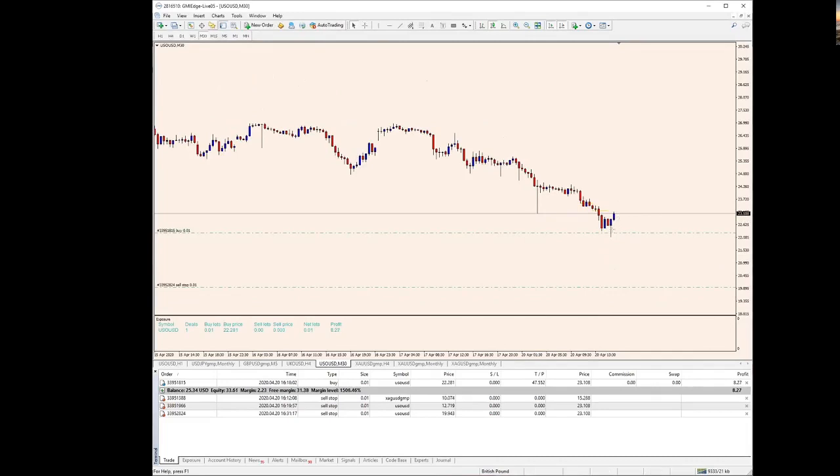First outcome, the price just goes up and hits my TP. That's the first outcome. Second, it goes up, goes down, goes up, goes down like this.